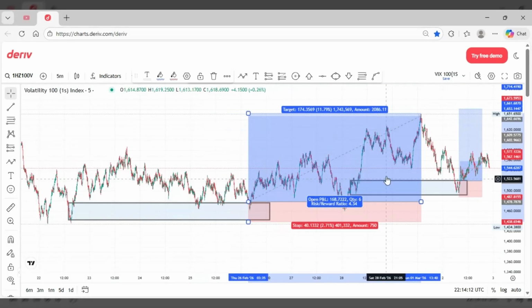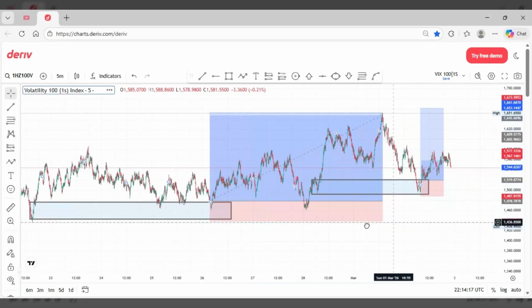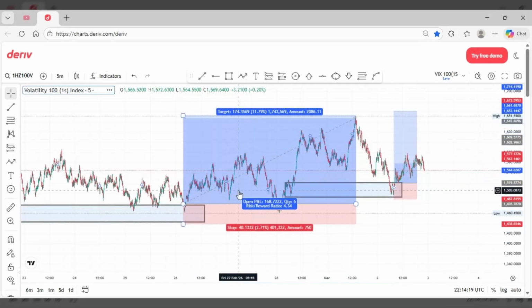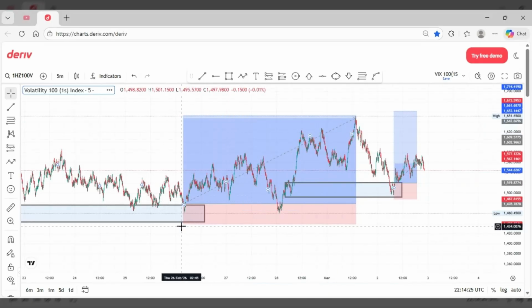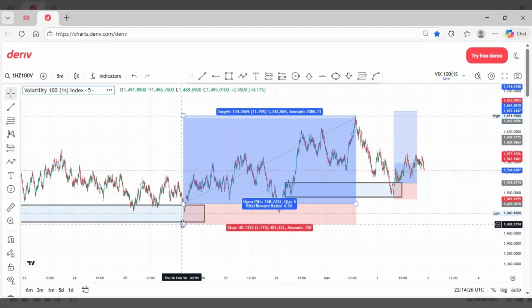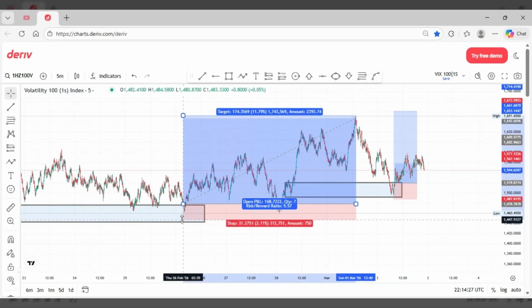And now watch closely. Let's assume I entered here. From here, the market started going up, and immediately I entered. That means not much drawdown.